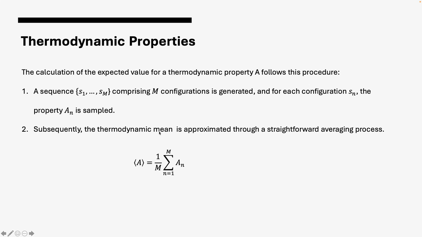Subsequently, the thermodynamic mean is approximated through a straightforward averaging process. That is, we calculate the summation of these An values and we divide it by the number of configurations.